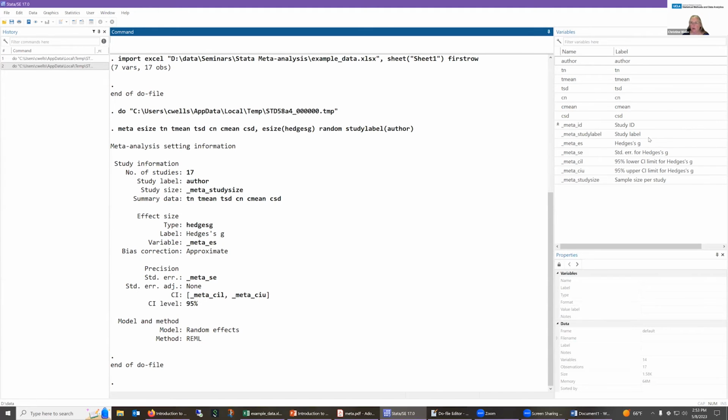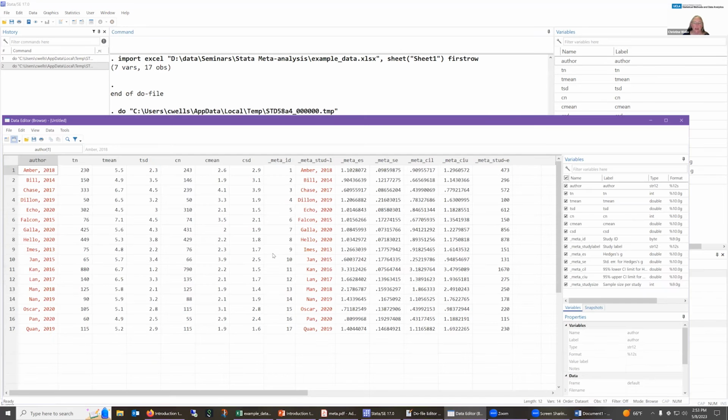You'll see what happened over here. Stata put in a whole bunch of new variables. We can click on browse again, and this is much more interesting, right? All the Stata variables start with an underscore meta, so that you know that that's something Stata added.